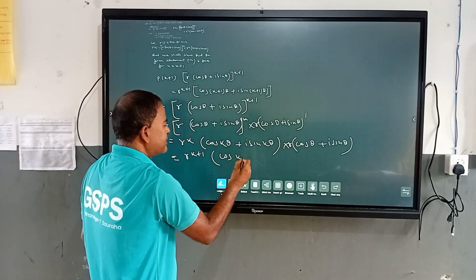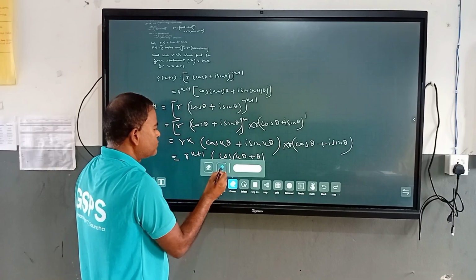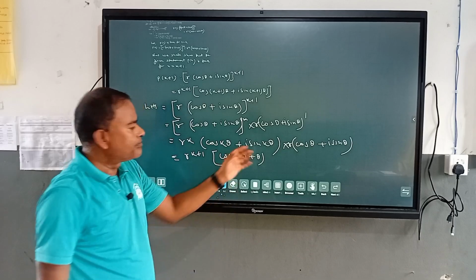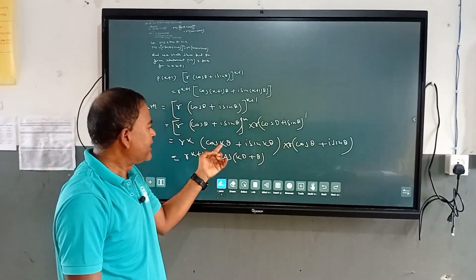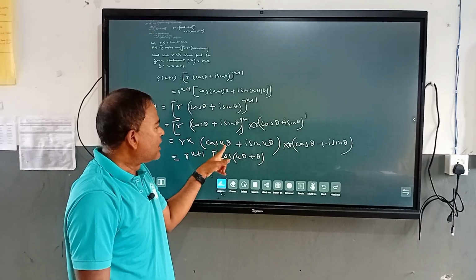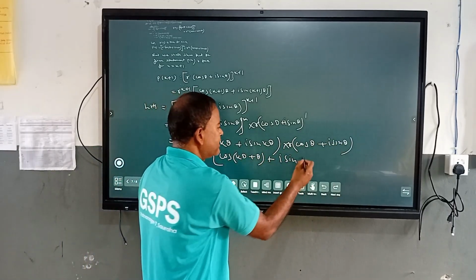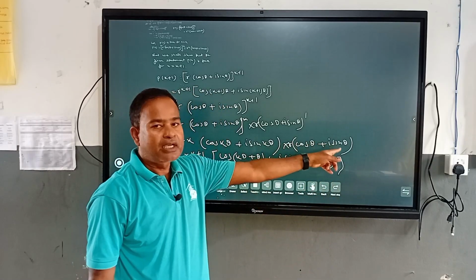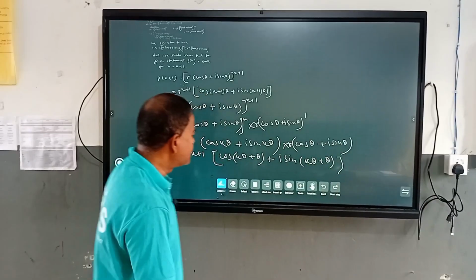So cos of k theta plus theta. This is the rule of multiplication of complex numbers: if a complex number is given in trigonometric form, then in multiplication we add the angles. So angles are added, and after adding k theta and theta, we get k theta plus theta.